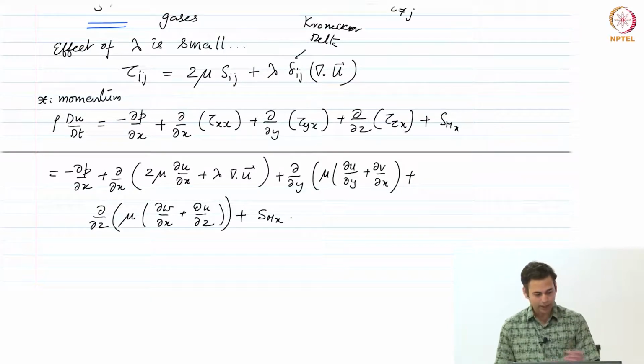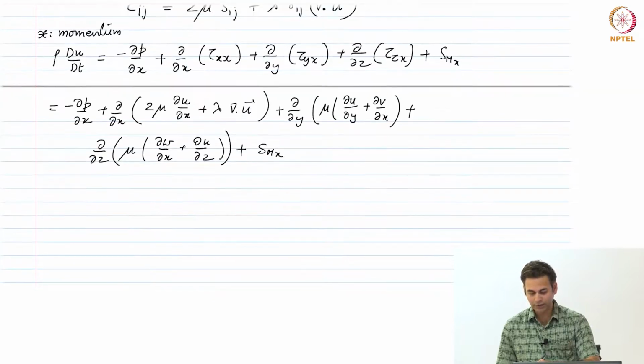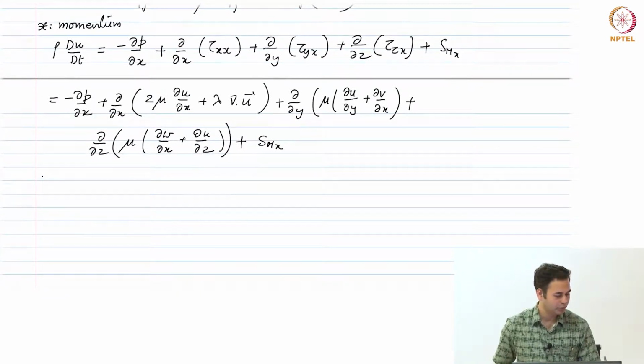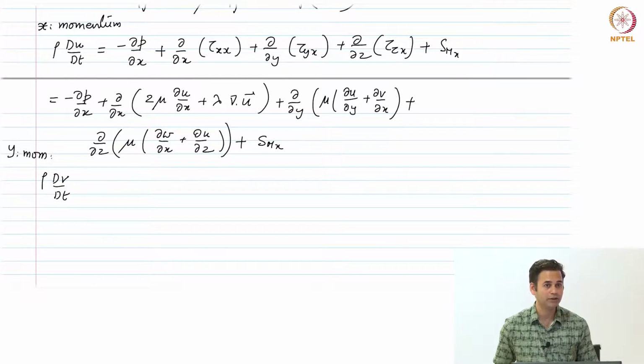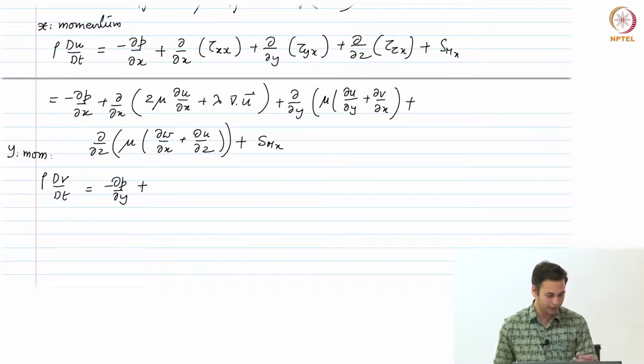I will write down the y momentum equation also for the sake of completeness. So, this is the y momentum equation: rho dv dt equals minus partial p partial y plus, I will directly write in terms of velocity gradients.